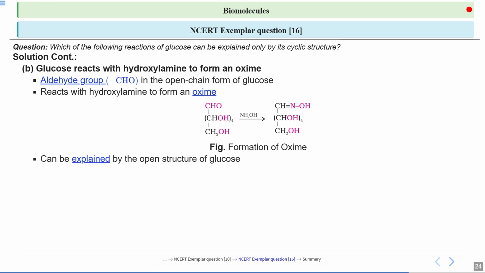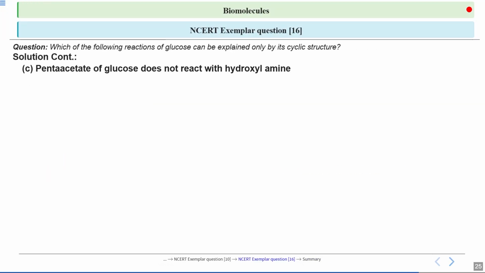This can be explained by the open structure of glucose and not the cyclic form. The presence of the aldehyde group in the open chain structure is what allows glucose to react with hydroxylamine and form an oxime.